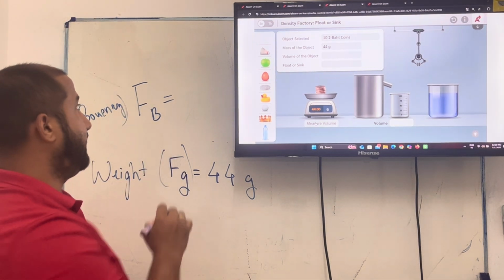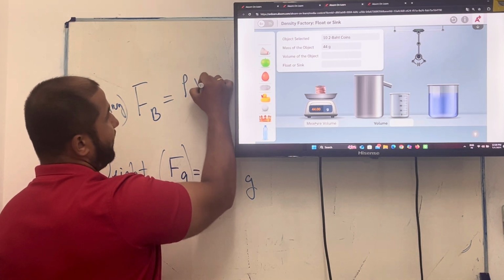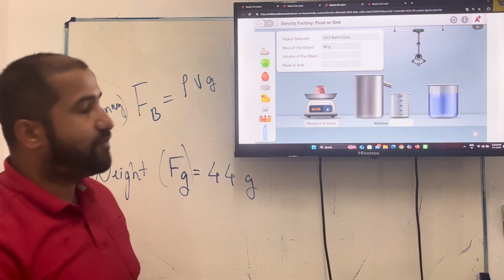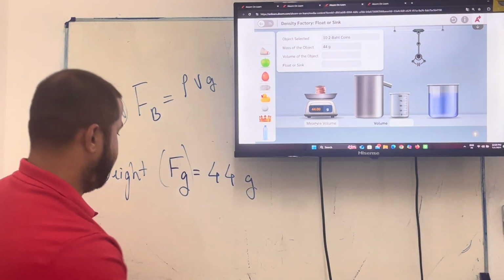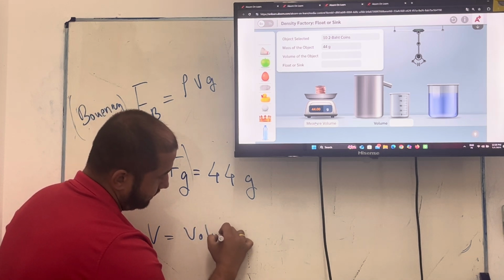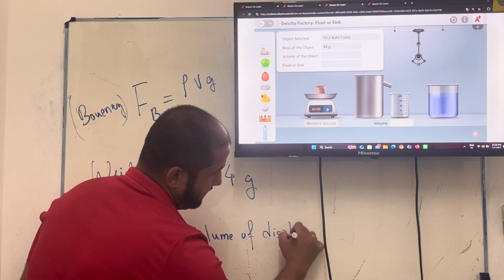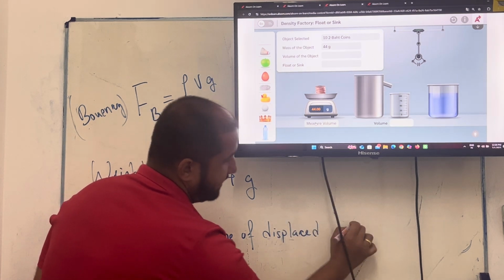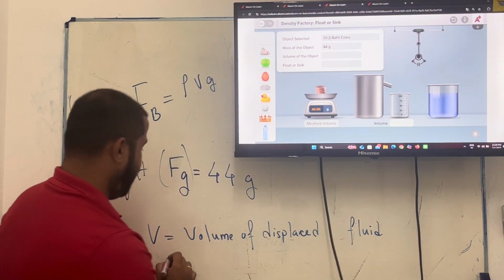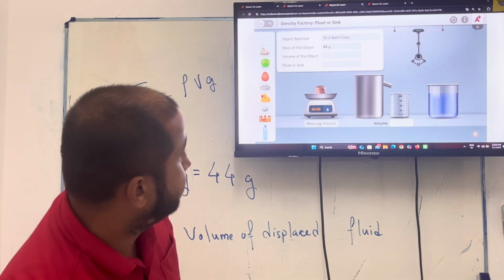Buoyancy force is represented by rho Vg. Here, the V represents the volume of displaced fluid.